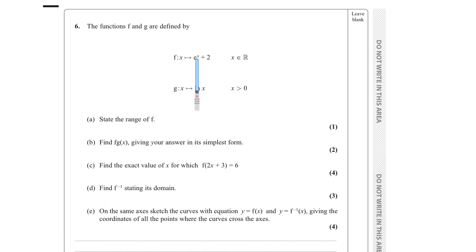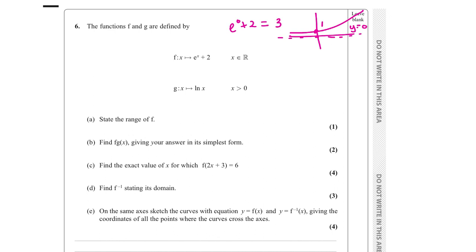If I put 0 in here, e to the 0 plus 2, I get 3. However, we know the graph of e to the x looks like this. And we know that it crosses at 1. However, I do have an asymptote on the line y equals 0. Okay? So we know for the normal graph, everything has to be bigger than 0.